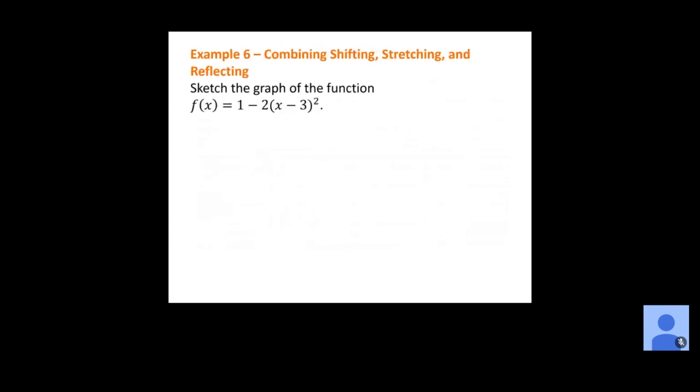All right. So let's put it all together, everything we've looked at so far. We want to figure out what are all the transformations that are going on here, and then we'll try to sketch this graph.